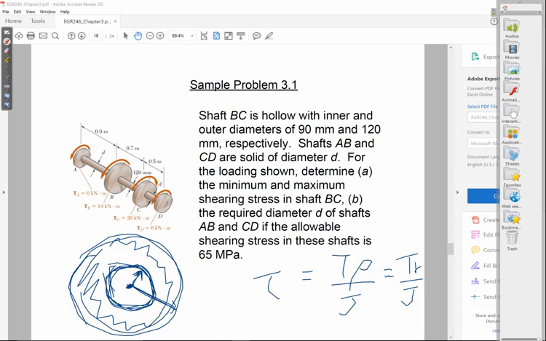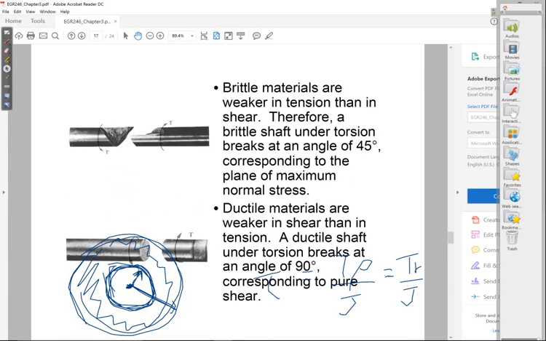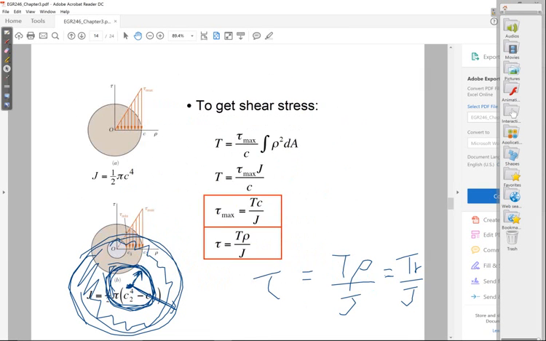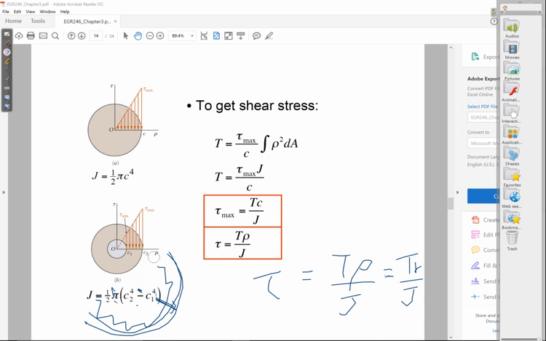Now, what is the polar moment of inertia for a hollow shaft? I didn't get into that before, but here are your moments of inertia for solid and hollow shafts. In a solid shaft, it's 1/2 pi times your outer radius to the 4th power.